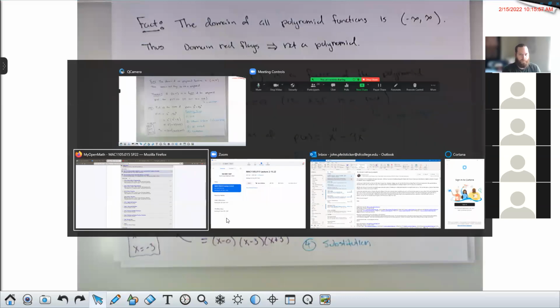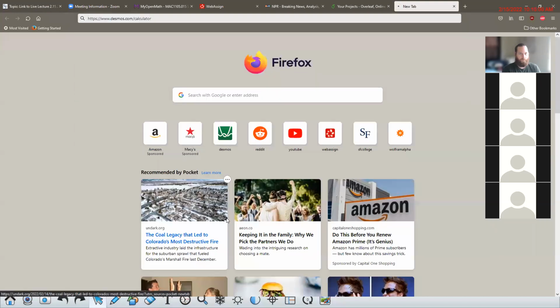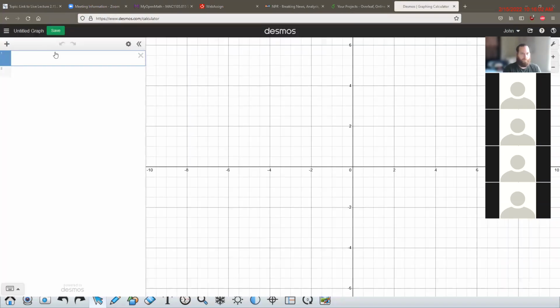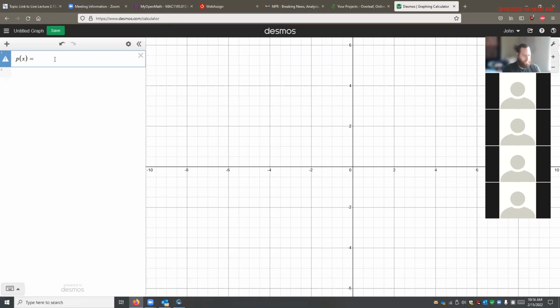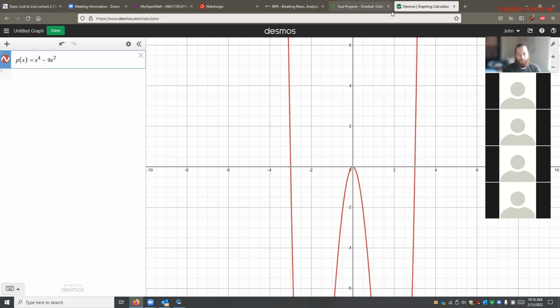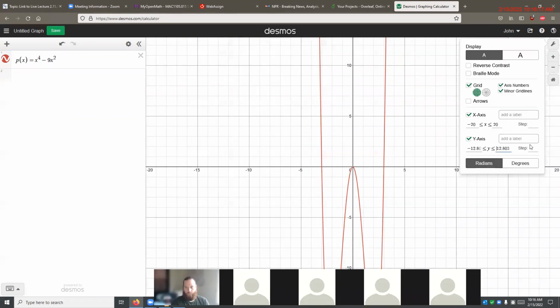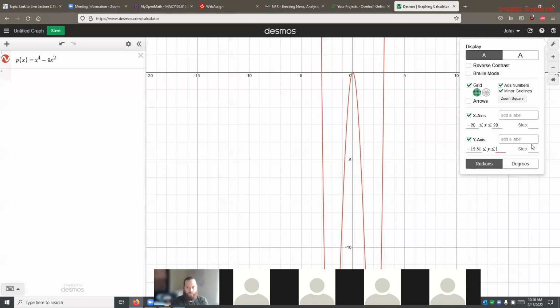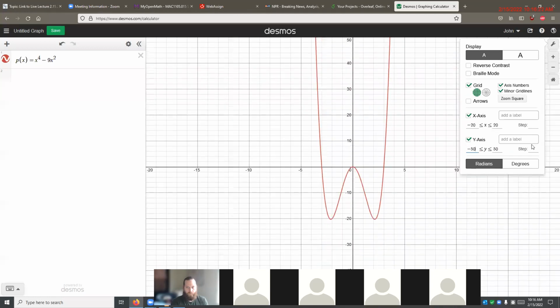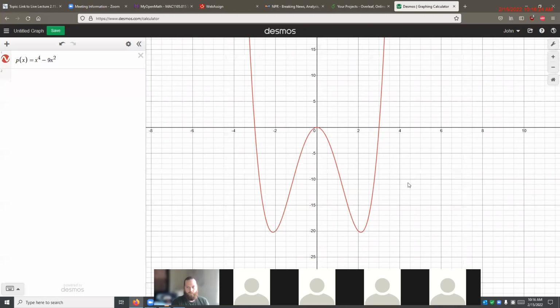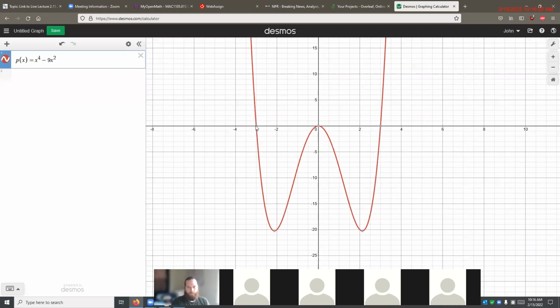If we take a look at the graph in Desmos, here he is. Change my y-axis a little bit. It looks like this. And those x-intercepts are at -3, 0, and +3.